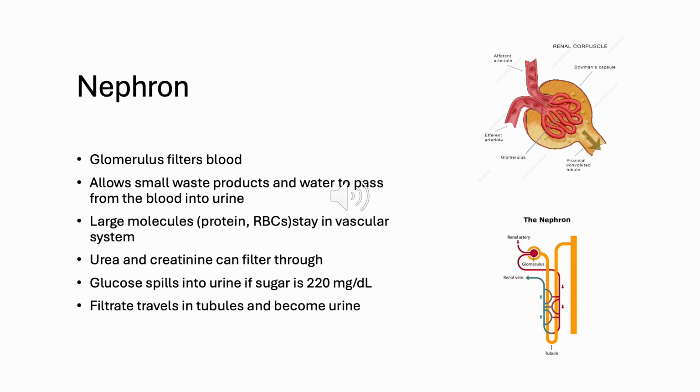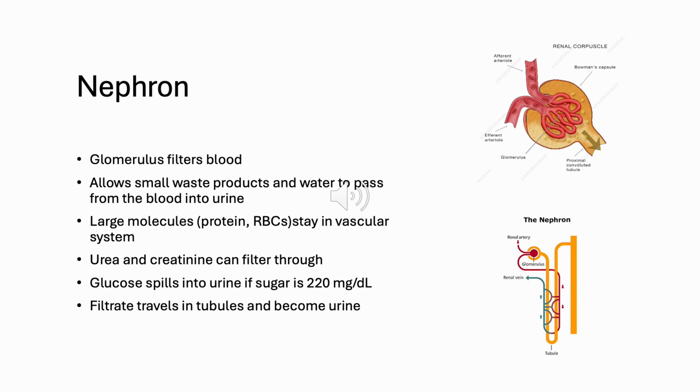Urea and creatinine can also filter through the glomerulus, and that's a good thing because we don't want our BUN and creatinine to get very high, because we can become uremic, and I'm going to talk about that a bit later. Glucose spills into the urine if the sugar is greater than 220 milligrams per deciliter.